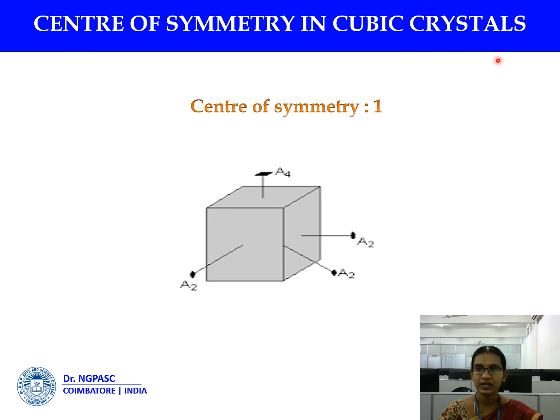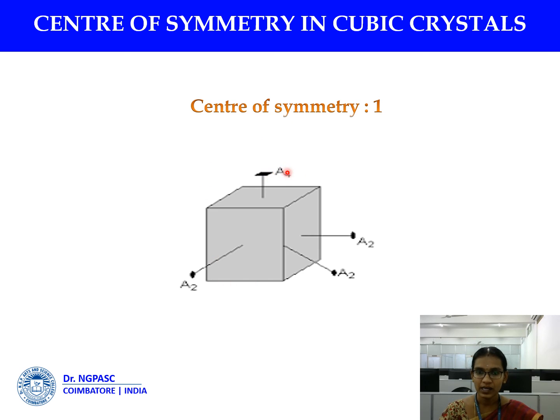Next, the center of symmetry in a cubic crystal. The center of symmetry is 1 for a cubic crystal. If we pass an imaginary line through the center, we get the same line beyond that center. Both sides have an equal distance from the center. Therefore, the center of symmetry is 1.